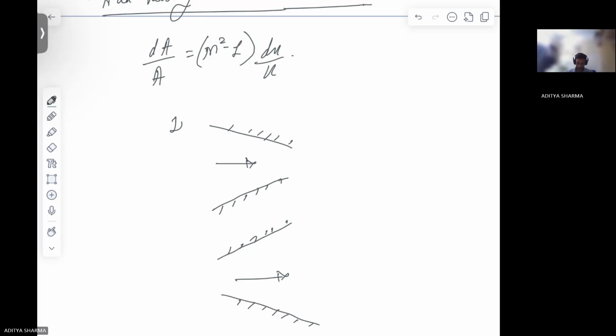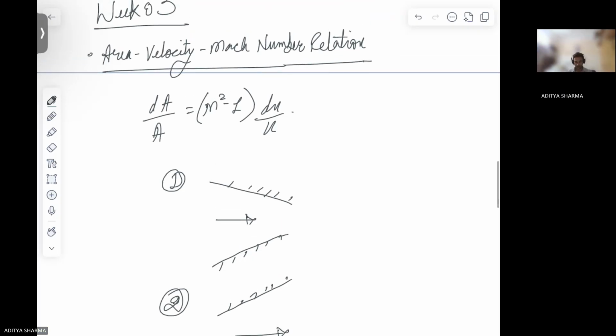Now you see first case. So in first case, because it's a convergent duct, area is decreasing from here to here, right? So your dA is going to be negative.